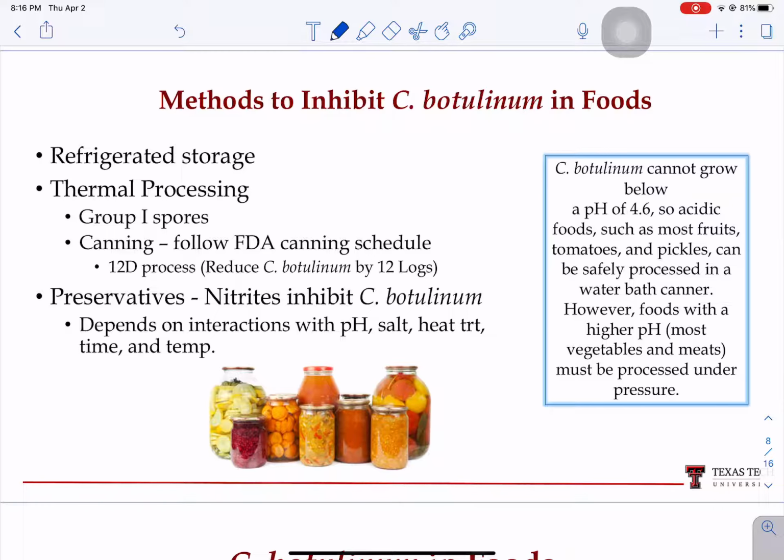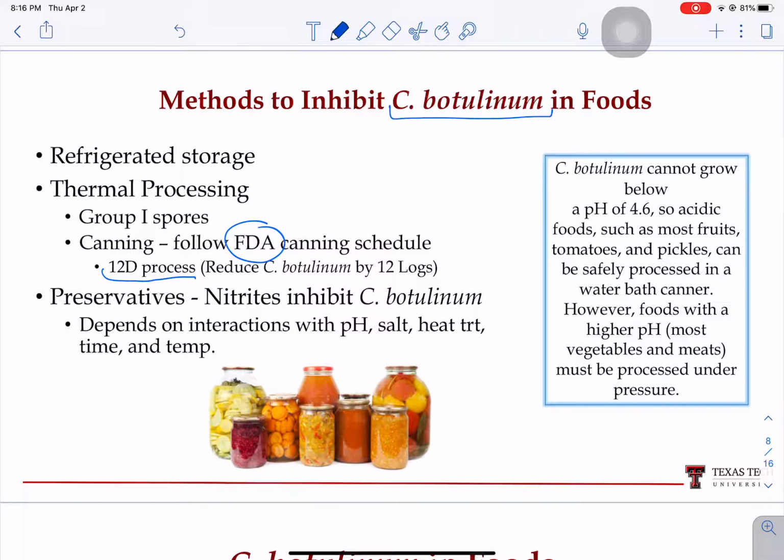For the canning industry, it's very important to control this microorganism in food because canned food is considered to have an anaerobic environment, so the conditions within this type of food will be perfect for this microorganism to grow and produce toxin.